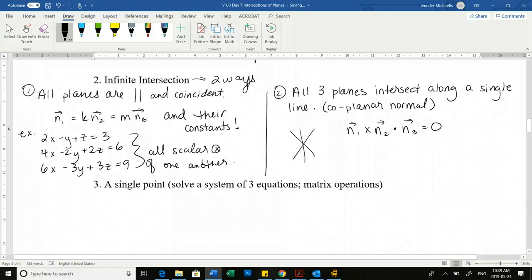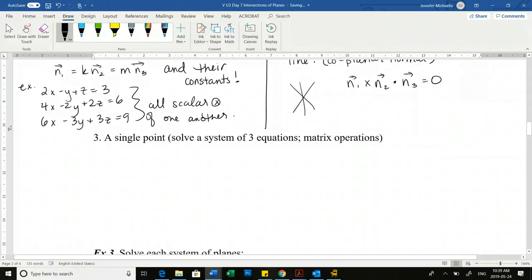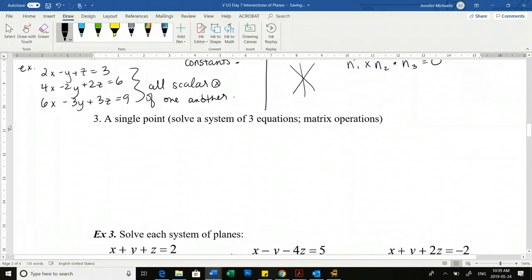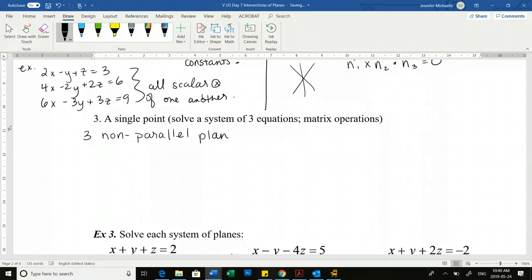Okay, and then the last way that we can have a solution is we can solve a system of 3 equations with one point of intersection if we have 3 non-parallel planes, with normals that are not coplanar.